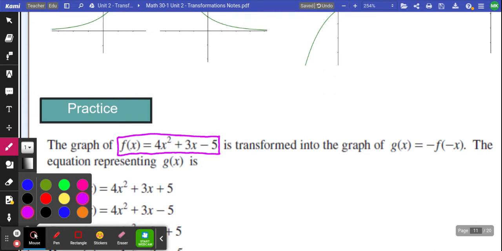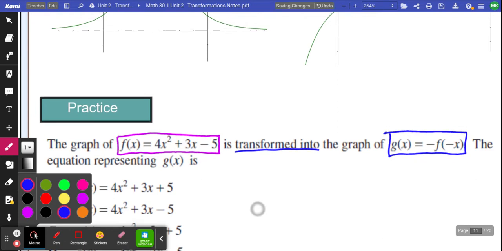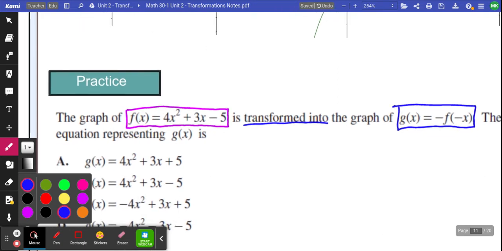Perfect. Is transformed into this. The equation that represents g of x is. So we're trying to find what g of x is.